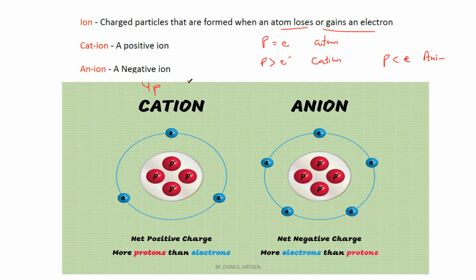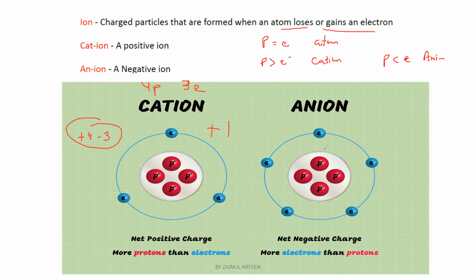There are 3 electrons. So what will be the charge on this? How can you identify the charge? Proton is positive, so there are 4 positive and 3 negative. What is the overall charge? Plus 4 and minus 3. What is the resultant charge? It will be plus 1. The resultant charge will be positive, or plus 1.